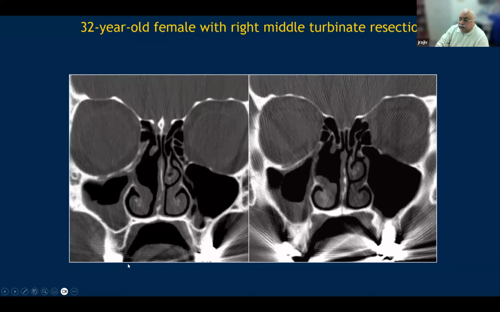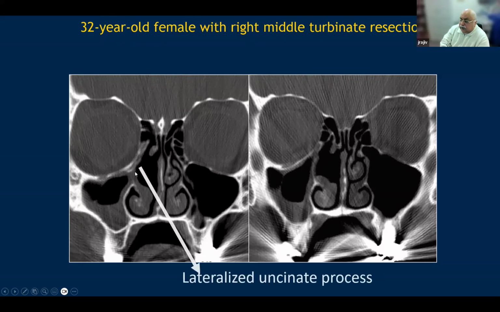So this is what is required, and you can see for yourself that the right middle turbinate has been resected. Even then, there has been an obstruction here because of the lateralization of the uncinate process, which you already saw in the previous slide.